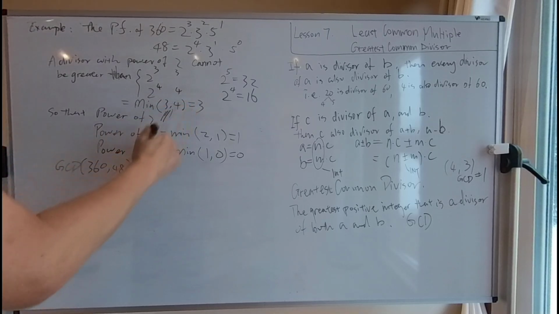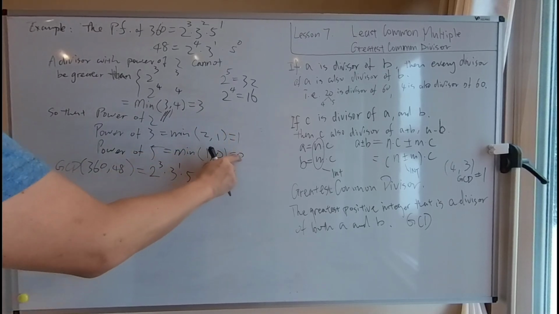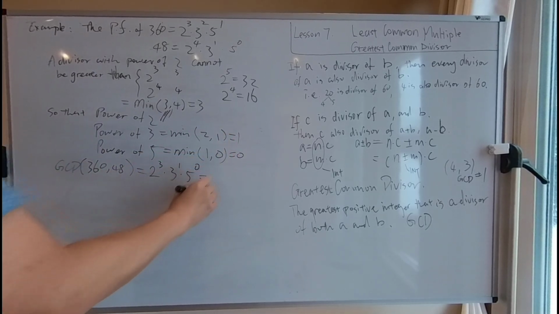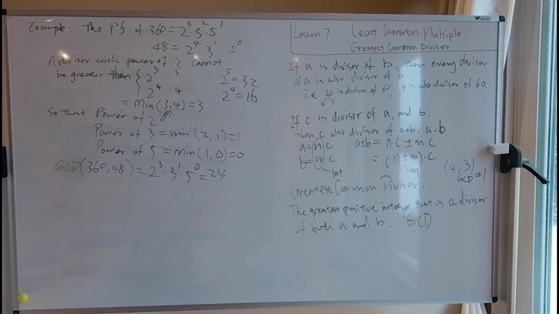So factor 2 with power of 3, factor 3 with power of 1, factor 5 with power of 0. So it's 24. So the greatest common divisor of these two numbers is found by looking for the minimum power of each factor, including 0, and then putting together the prime factorization.